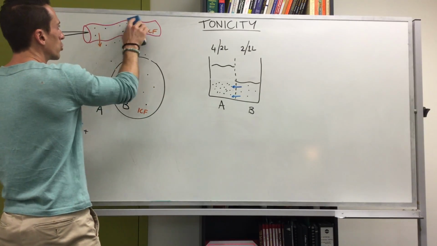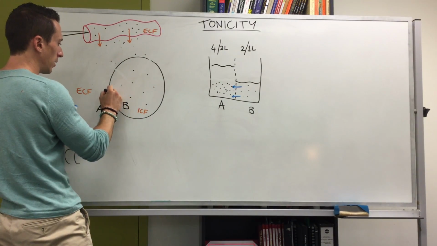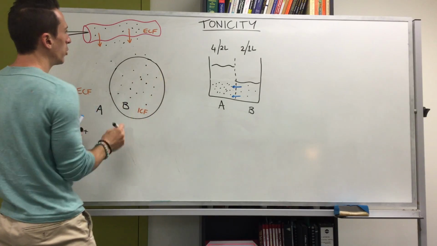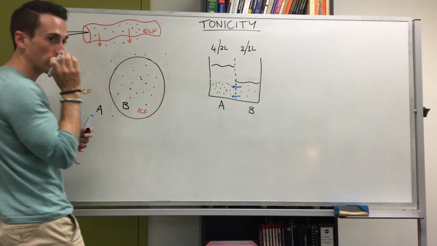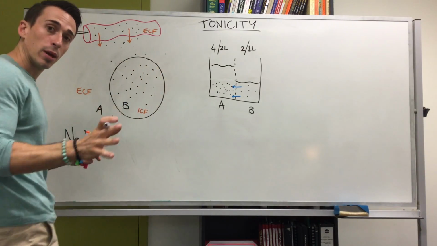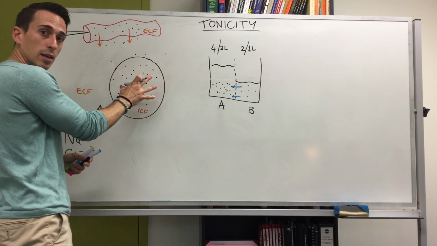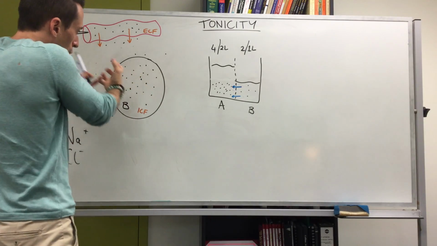You've got a certain concentration of solutes inside of that cell, and you inject a solution outside the cell that's less concentrated than inside the cell. Now what happens? Well, compare the two concentration differences. Inside the cell, B has a higher concentration than A, which means all these solutes will pull water towards it.